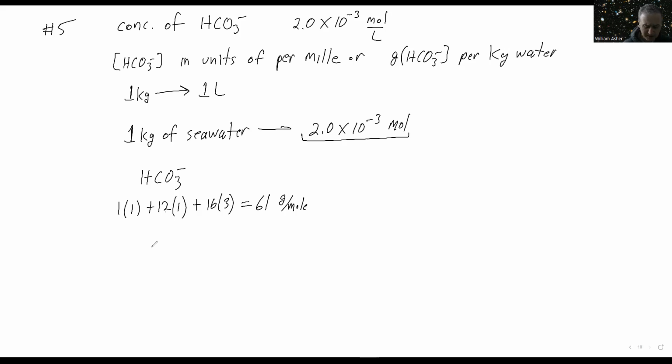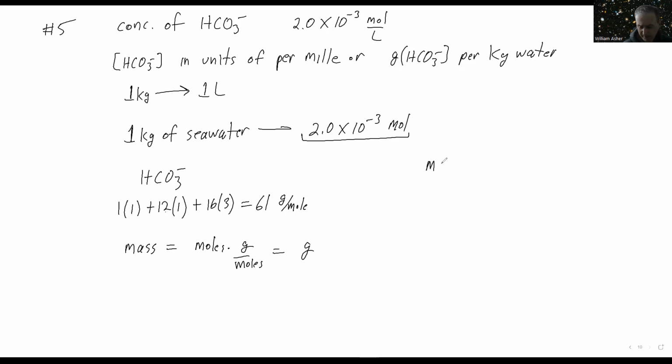So how much mass is in there? Remember that to get mass, multiply moles by molecular weight, which is grams per mole. We'll get grams, right?